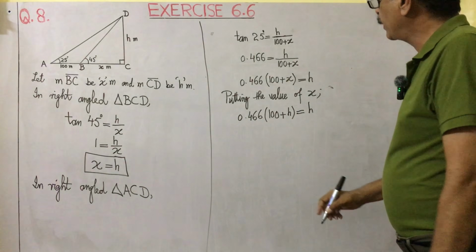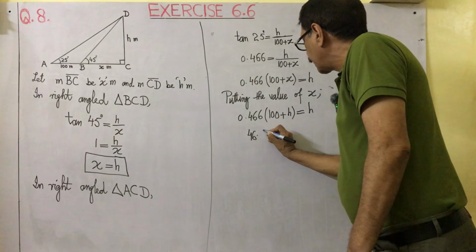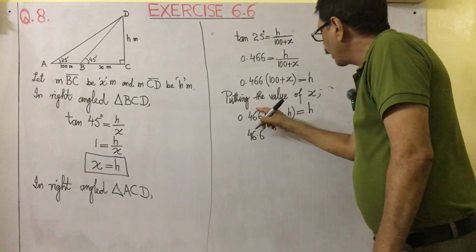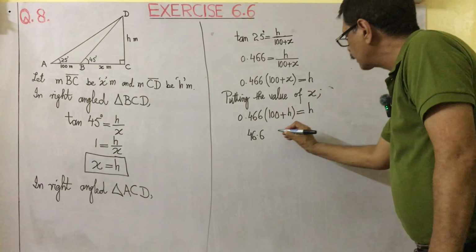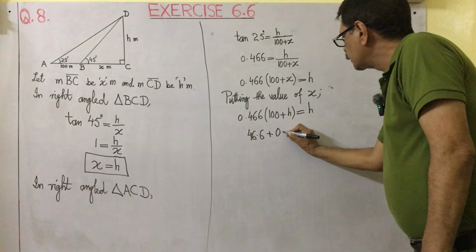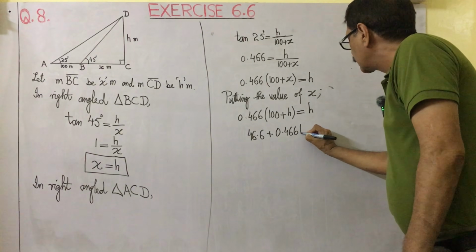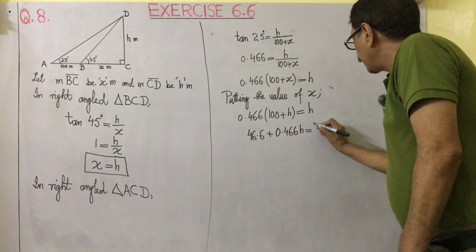This multiplied by this will become 46.6, and now multiplied with this, 0.466h is equal to h.